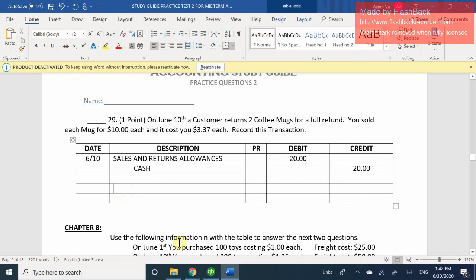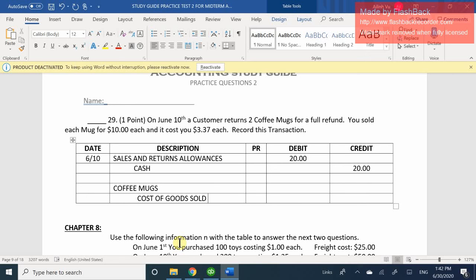What did you put here? Mugs and then cost of goods sold? Yes. Perfect. Good. Coffee mugs here and cost of goods sold. So cost of goods sold is a reversible account, so you can use this to either decrease it or increase it.